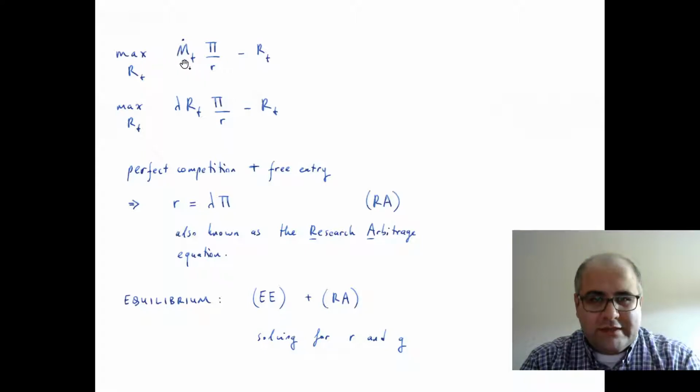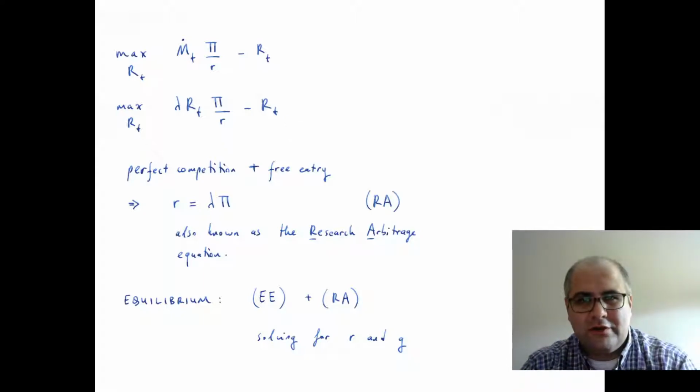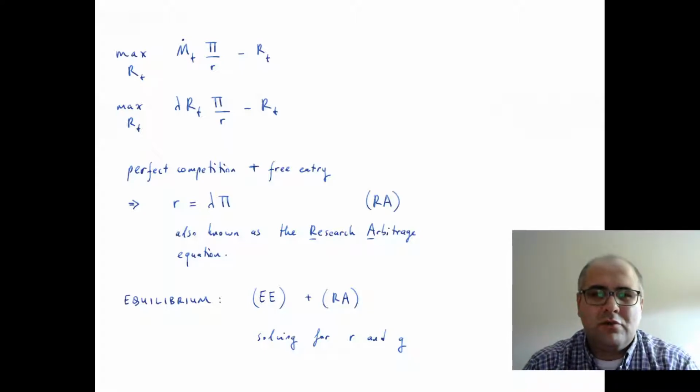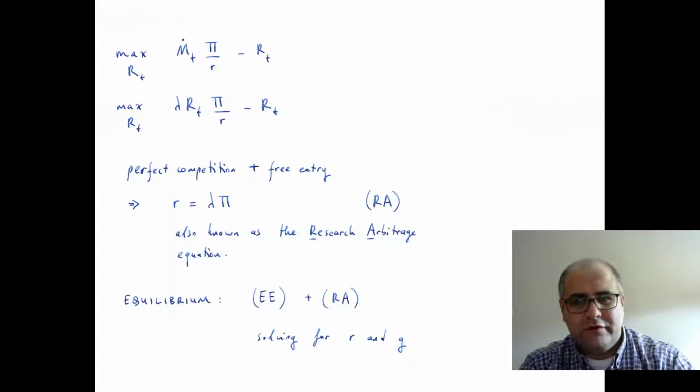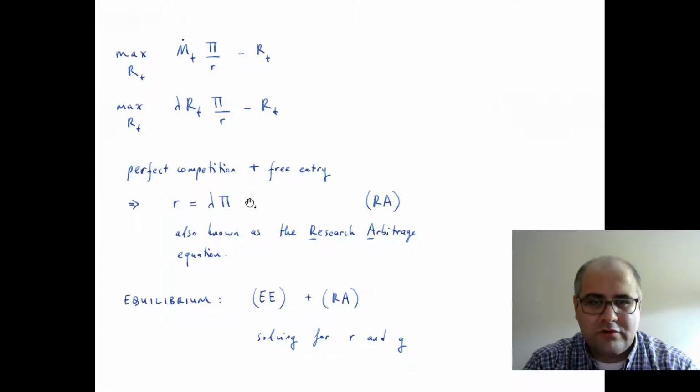So if you replace m dot t with lambda R, this is the payoff now, and this is the formal description of the production function. Now, have you ever seen a linear profit function before? I don't know, but in such models, the free entry eventually forces this to be true. So look at that.